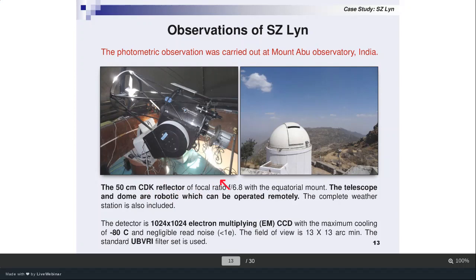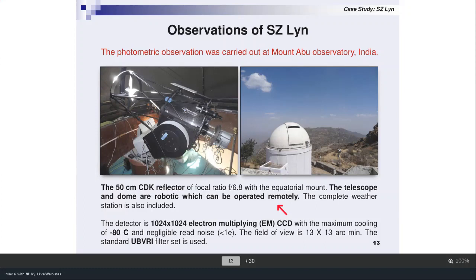This is a very handy telescope with all the facilities, equipped with the UBVRI filter wheel and then the EMCCD.